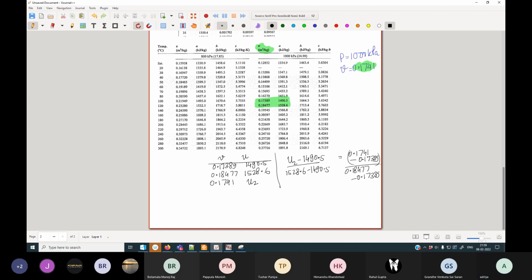0.18477 minus 0.17389, times 1528.6 minus 1490.5, plus 1490.5. The value I'm able to obtain is, who knows if it is correct, 1491.23.